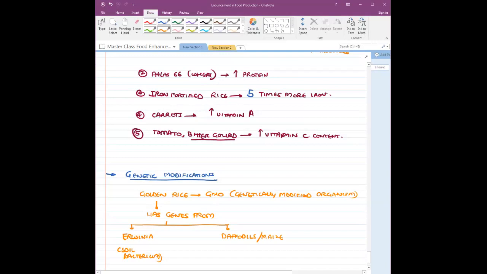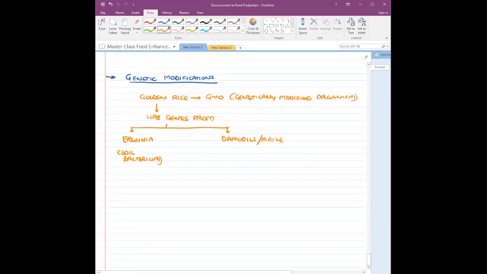And what is the best part of this, guys? Whenever we have this combination and we get this golden rice, it has really high amounts of beta carotene. And what is beta carotene?